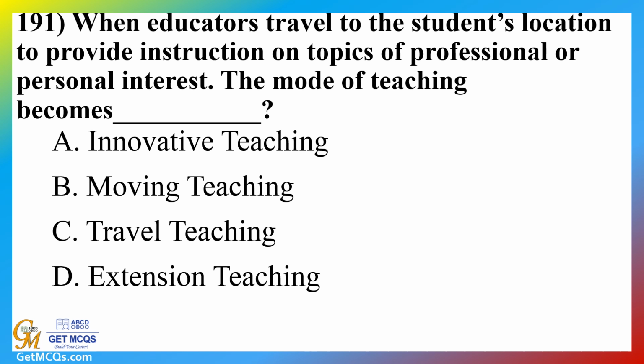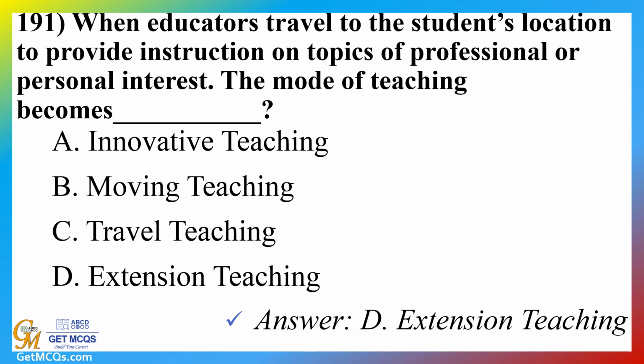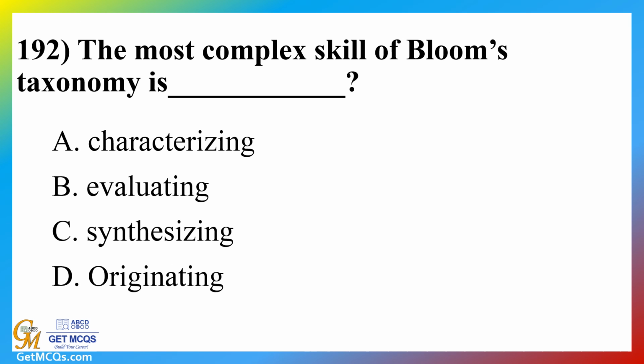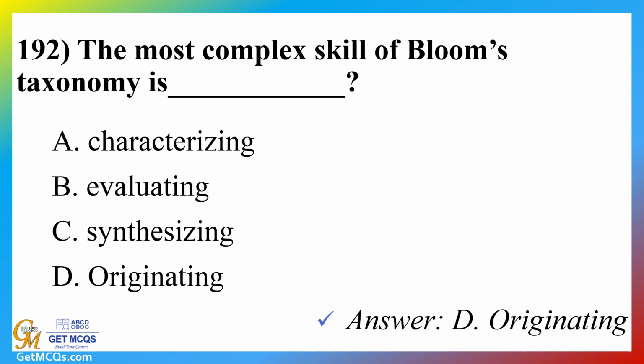When educators travel to the student's location to provide instruction on topics of professional or personal interest, the mode of teaching becomes? Answer: D. Extension teaching. 192. The most complex skill of Bloom's taxonomy is? Answer: D. Originating.